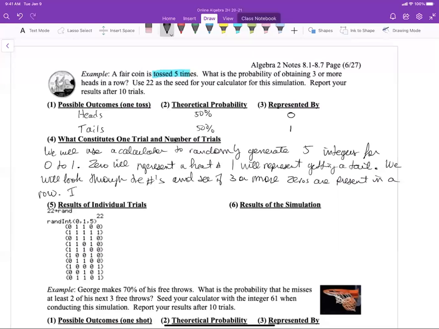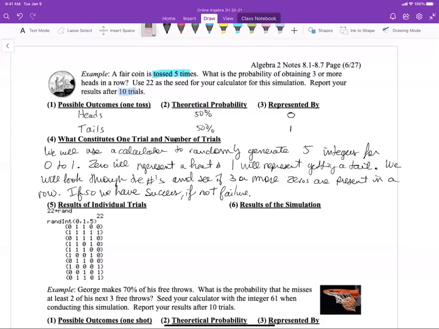If so, we have success. If not, we have failure. We will repeat 10 times because they said this, 10 trials.